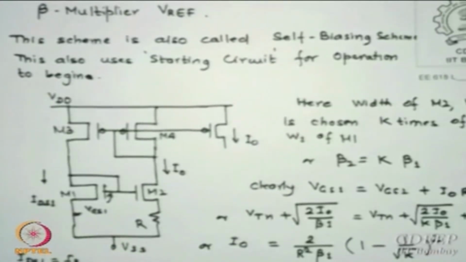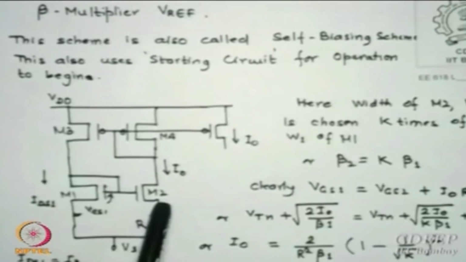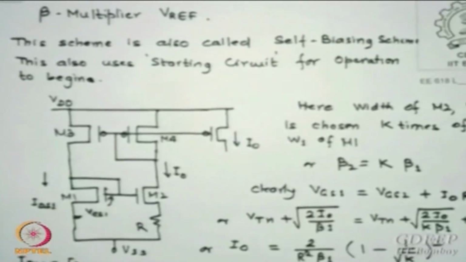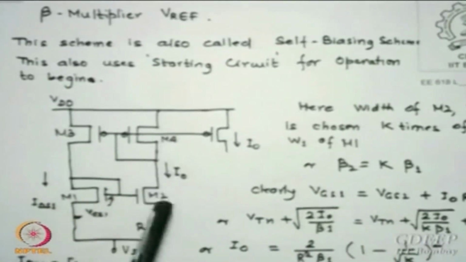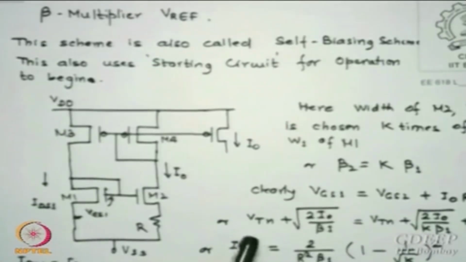Now we can see from here that voltage VGS1 is VGS2 plus the drop across the resistor, the way M1 and M2 are connected. So VGS1 is equal to VGS2 plus I0R. We know VGS1 I can write as VTN plus root of 2I0 by beta 1, and VGS2 I can write as VTN plus root of 2I0 by k times beta 1, because now the size is k times the earlier one.